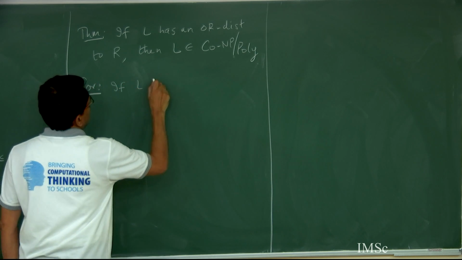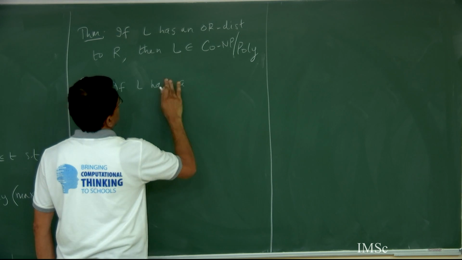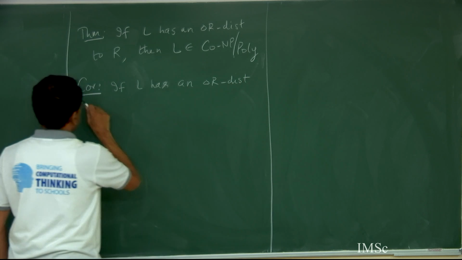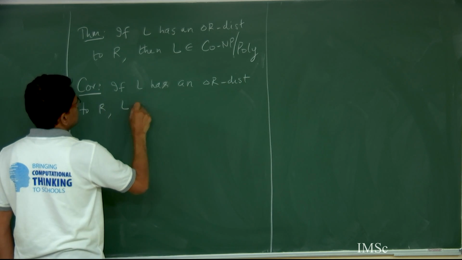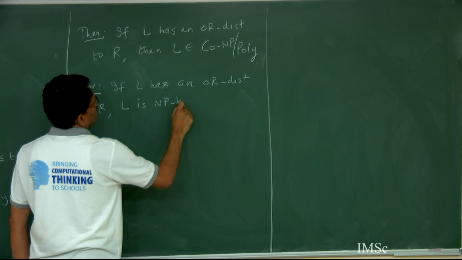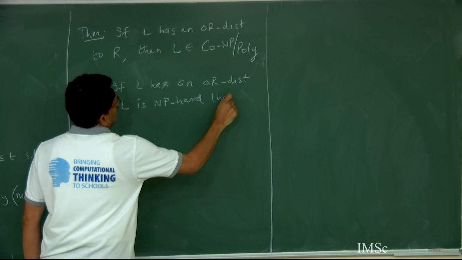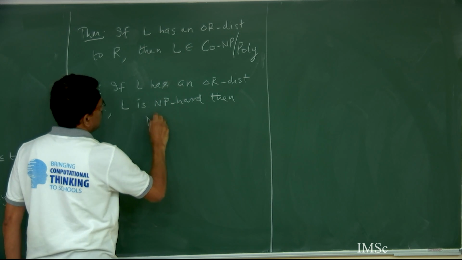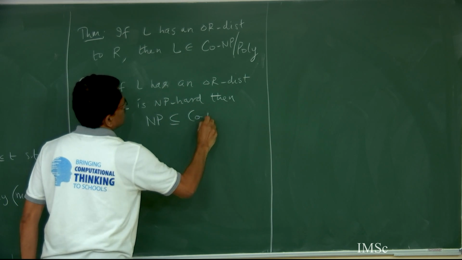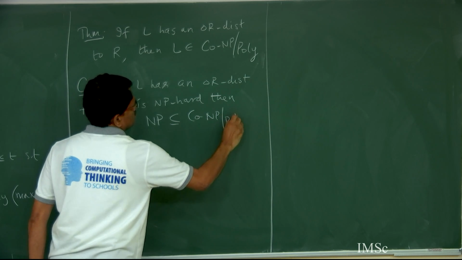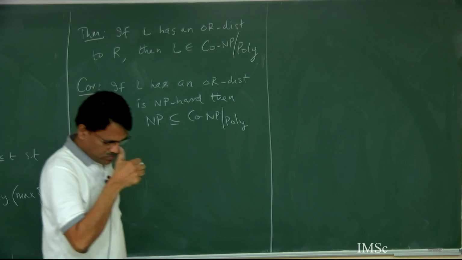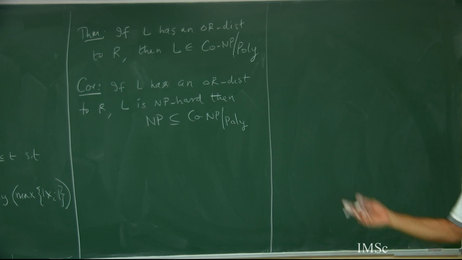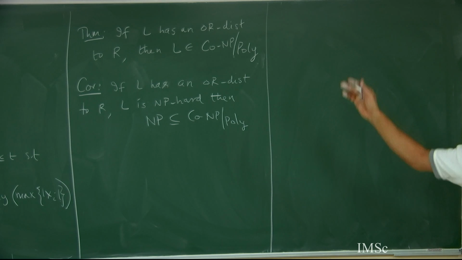If L has an OR distillation to R and L is NP-hard, then not just L is in co-NP slash poly, the entire NP is in co-NP slash poly. Okay. So, again this is not very hard, right. How do you show this from the theorem?